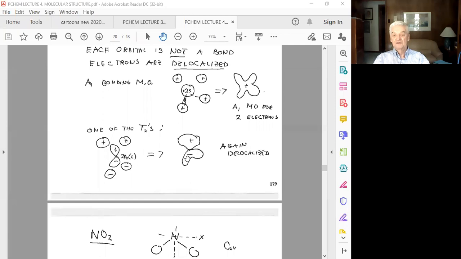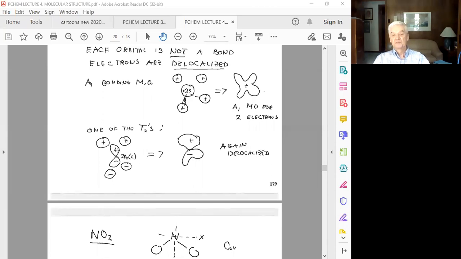But notice this represents electron probability throughout the molecule. There are 2 other T2 orbitals that look just like these. One of these would have a p orbital pointing from the left to the right, and another would be coming out of the screen. But in each case, you would have 2 of the hydrogen orbitals with plus signs matching to the plus orbital, and the 2 minuses would match up to the minus.